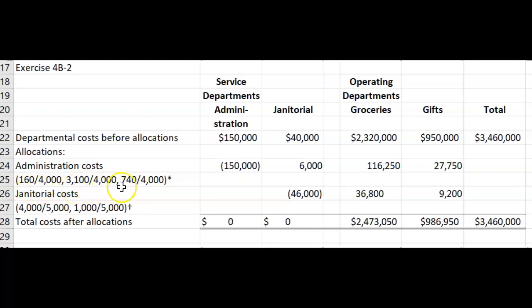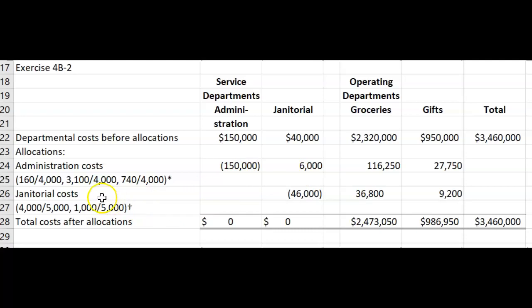And for gifts, it's 740. So if you add the three departments, 160, 3,100, and 740, that's a total of 4,000 employee hours. So 160 divided by 4,000 multiplied by the 150,000 will be allocated to janitorial.